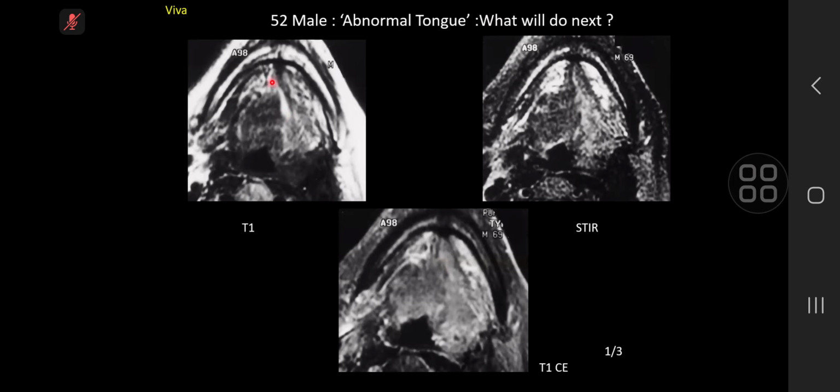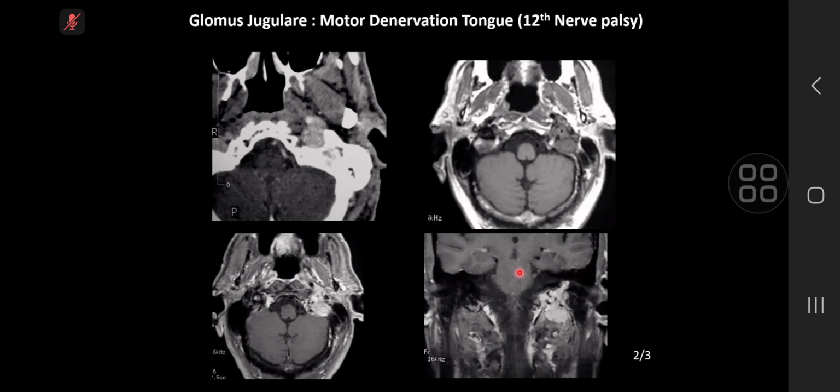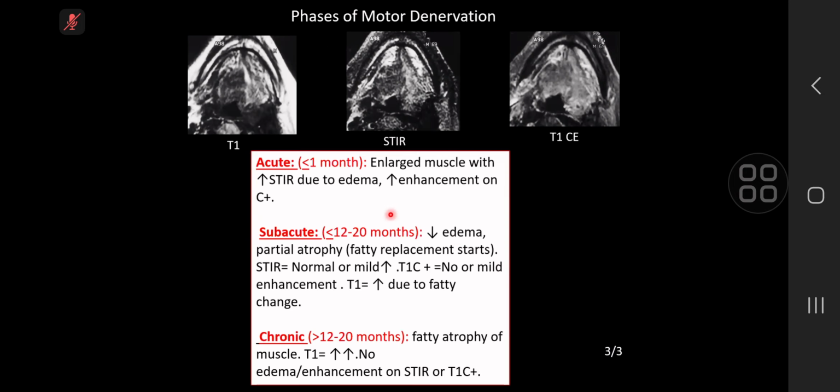in this particular case, you can see changes in the T1. There is low signal here, STIR slightly high signal, patchy enhancement. In motor denervation, they will show you a case where the tongue will be visible.